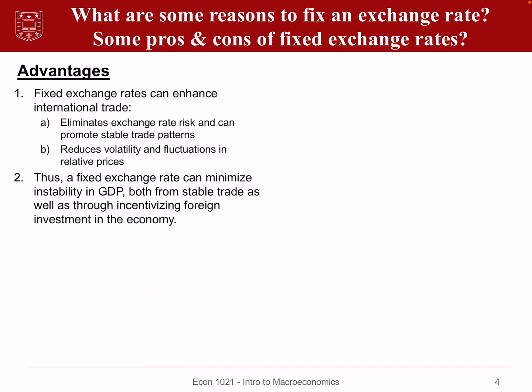Again, we've noted that the US, for instance, is a relatively closed economy, and it's also pretty big. And so it doesn't engage in fixed exchange rate systems with any other countries in the current environment.